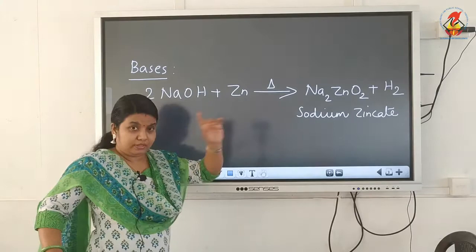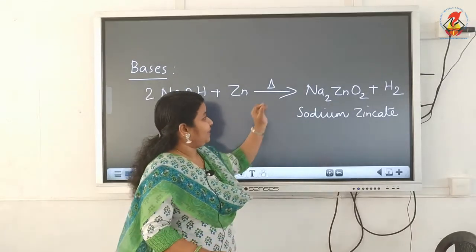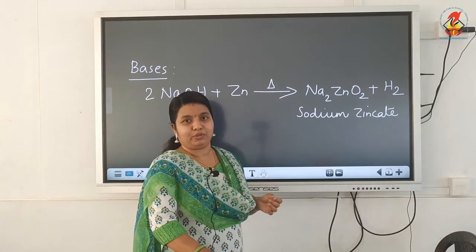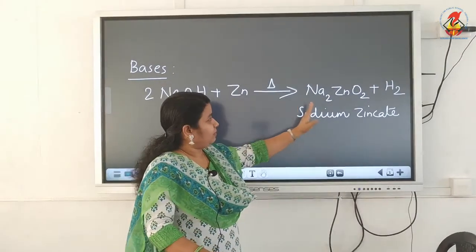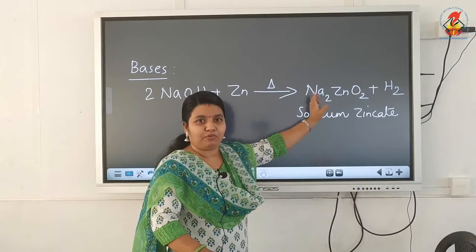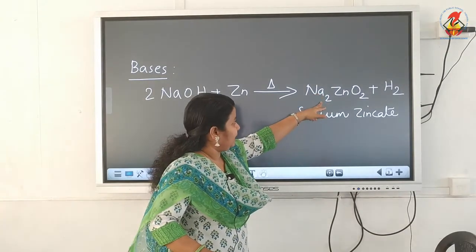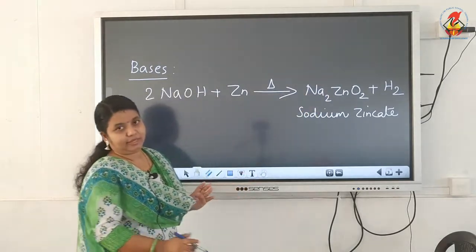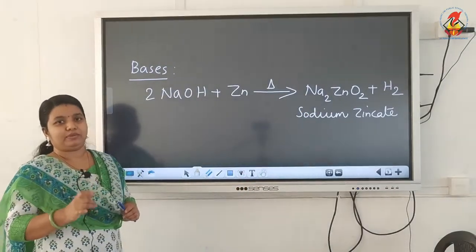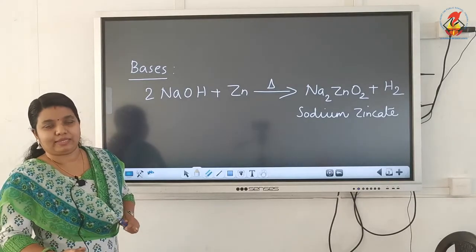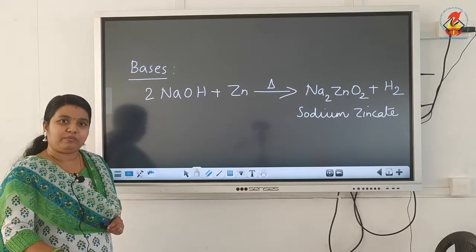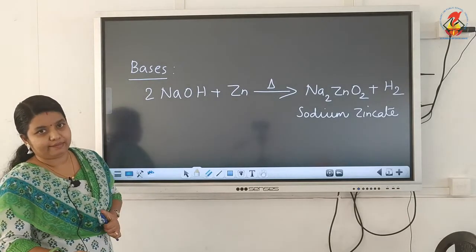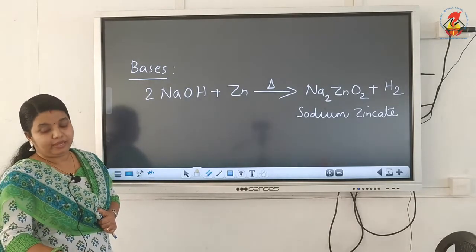The name of the salt, you have to learn it by heart, because about these kinds of salts you will learn in higher classes, 11th and 12th standard, but for the time being just learn its formula and the name. Sodium zincate, Na2ZnO2, plus hydrogen gas. This is the only reaction that you have to learn under bases and metals. Only this reaction, sodium hydroxide and zinc to form sodium zincate and hydrogen gas.